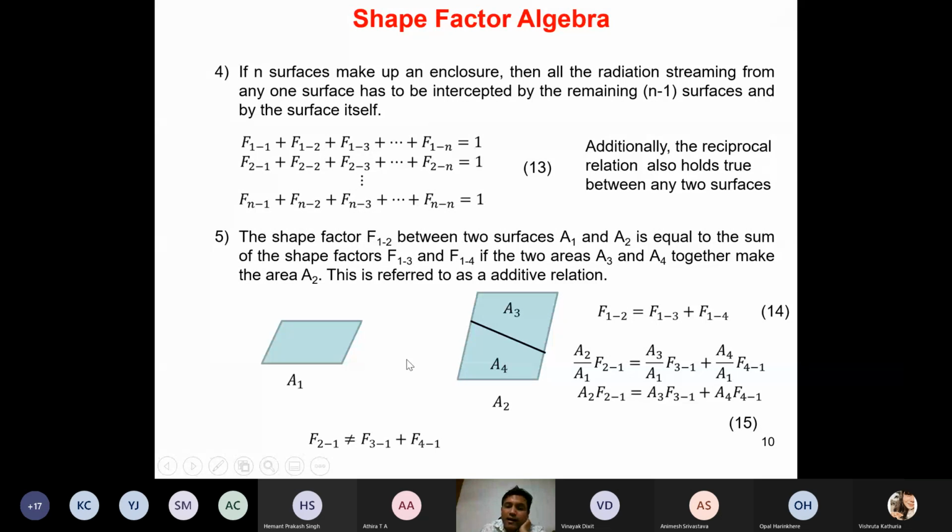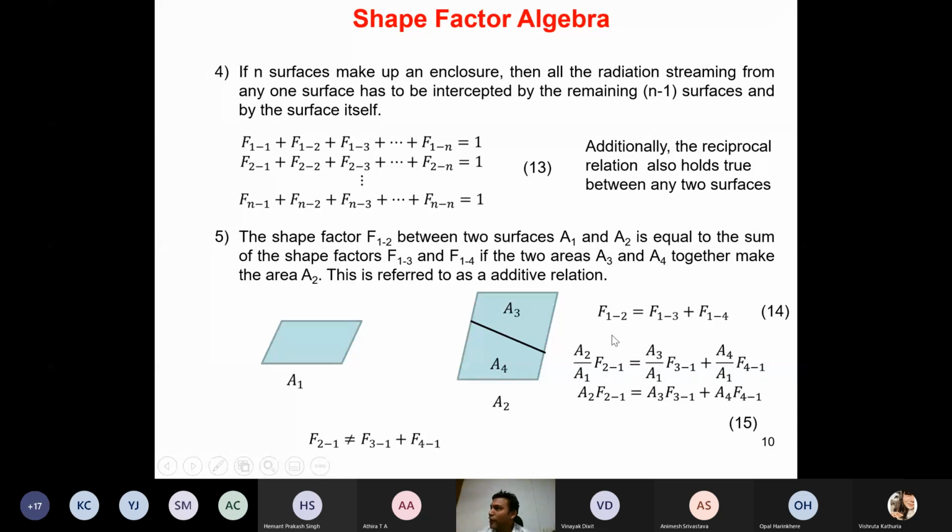In that case, F12 is given as F13 plus F14. But the reciprocal relation in this case is not directly valid. So you cannot write F21 the same as F31 plus F41. We can validate that from equation number 14 itself.